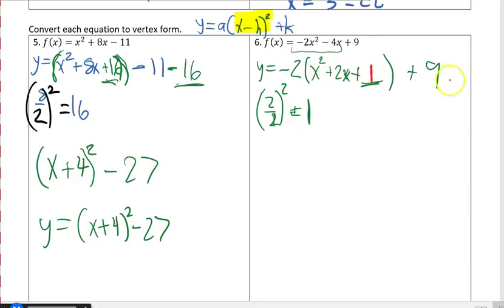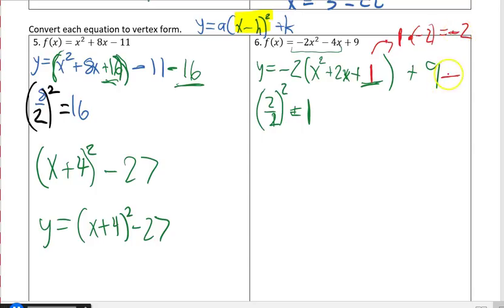But I have to find something to subtract here to make sure my equation stays balanced. And the 1 that I added is being multiplied by a negative 2. So really, if I were to distribute the negative 2 back, I really subtracted 2, right? Because this thing here is 1 times negative 2, which would equal negative 2.